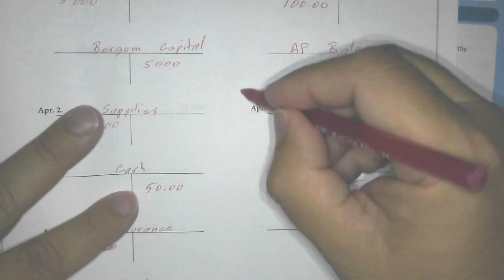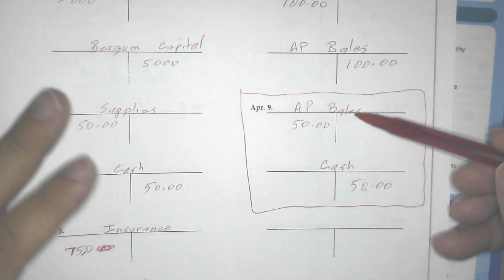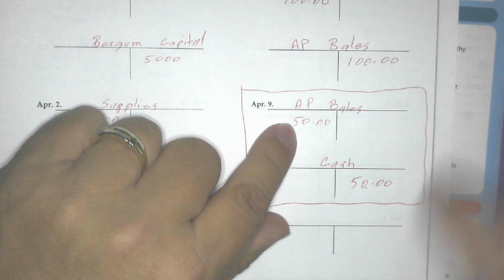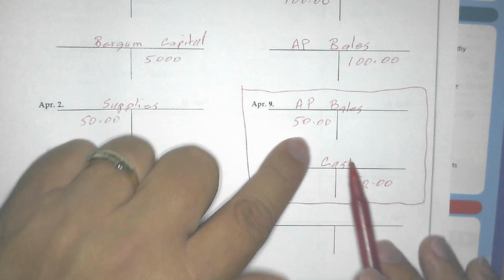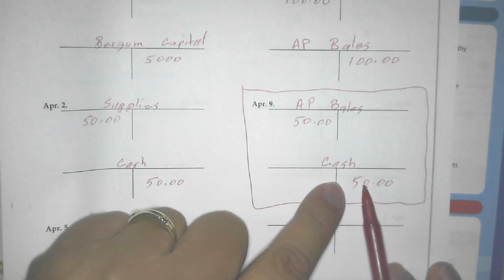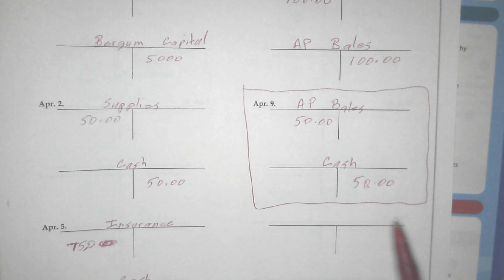So another way to look at it too, if this is still throwing you off a little bit, is if you parse out each transaction, whatever happens on one side for one account, for the other account it's going to be on the other side.